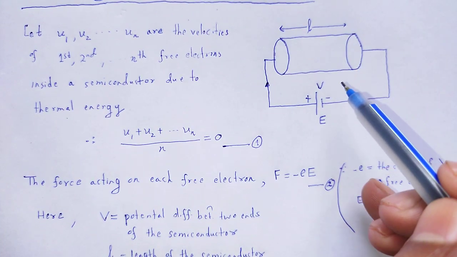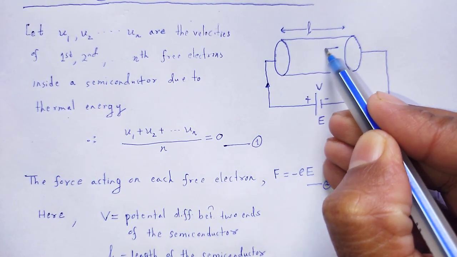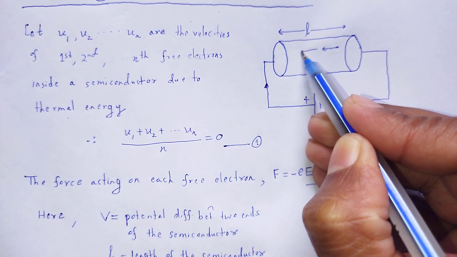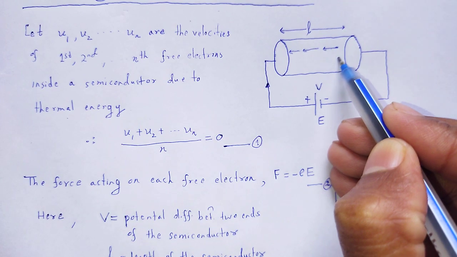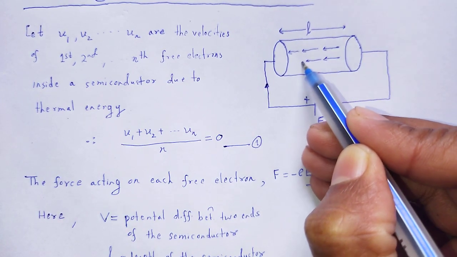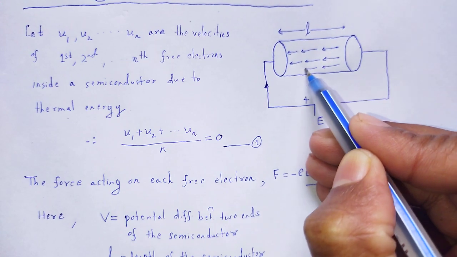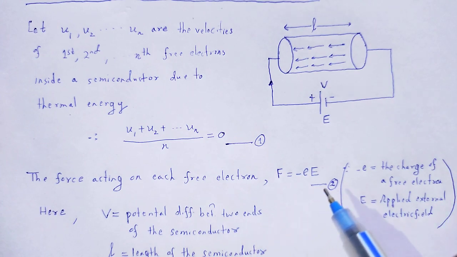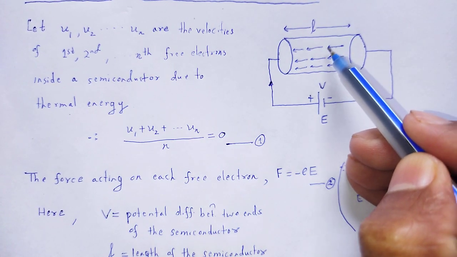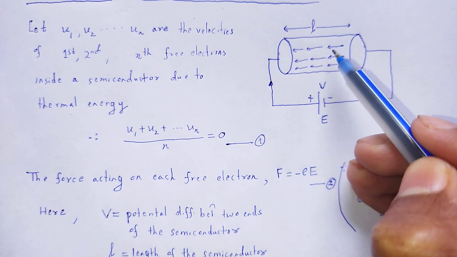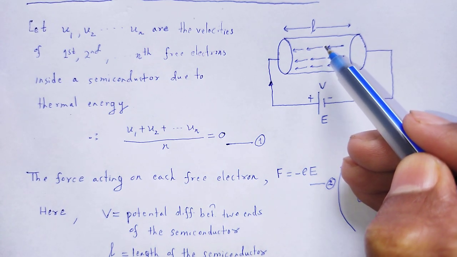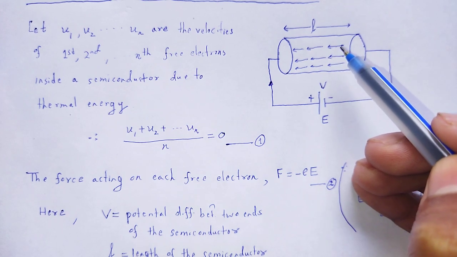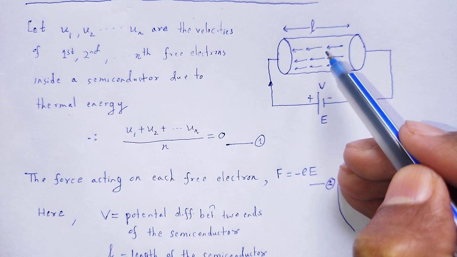Now the electrons move this way due to the application of external electric field. During that motion of the free electrons, they collide with each other, and between two consecutive collisions they move in a straight line, and there will be a time difference.